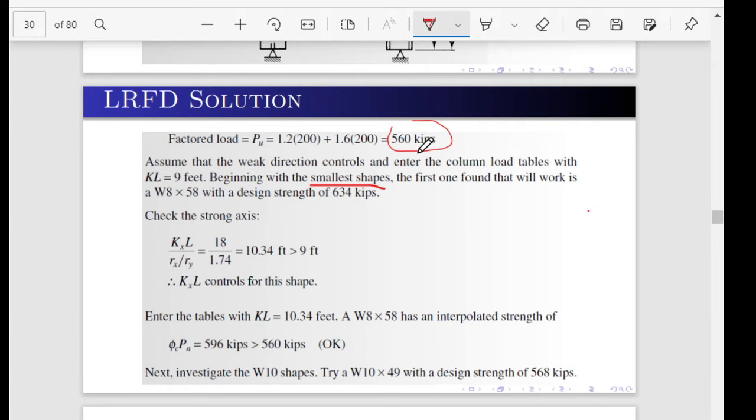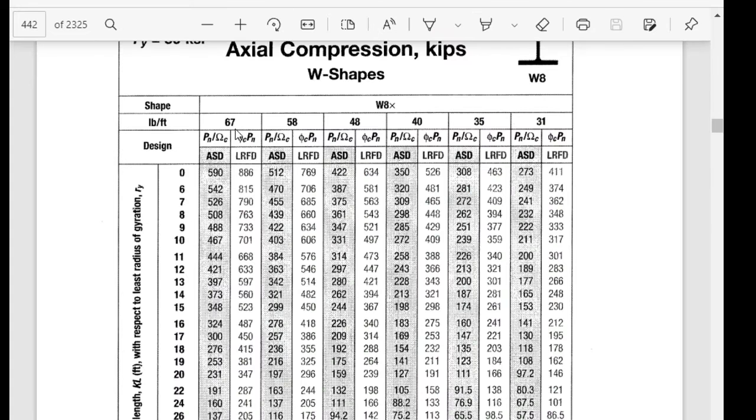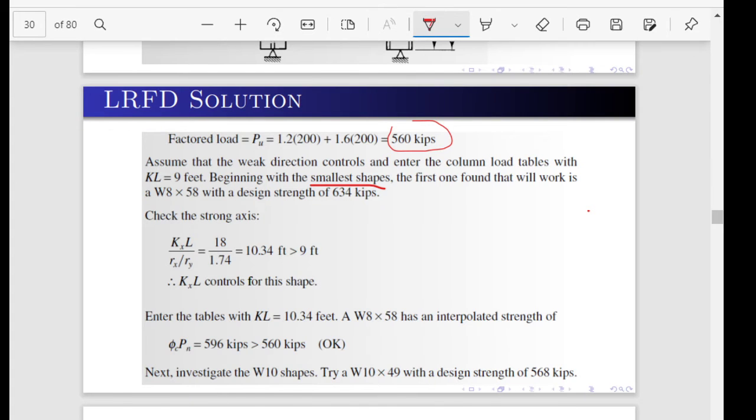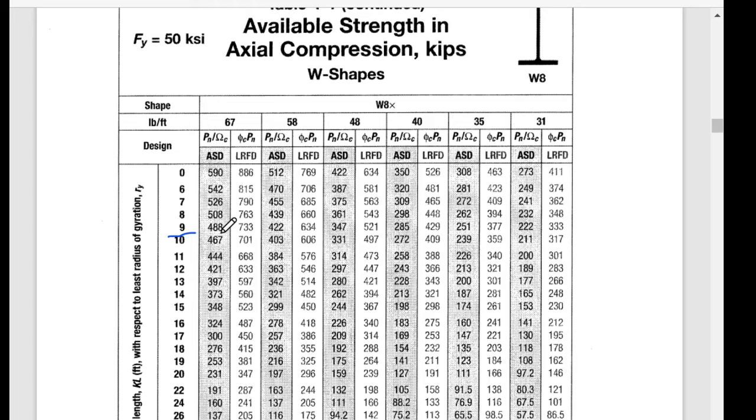So if we look in the table, W8 and 9, there is the 9. Then Pu is equal to 560.